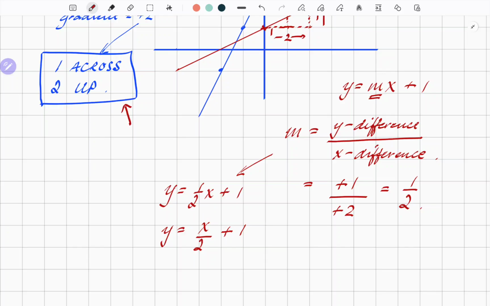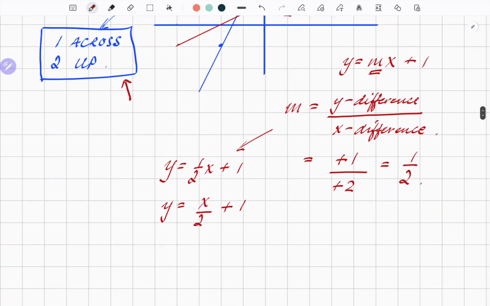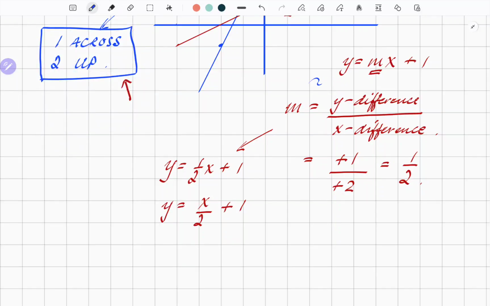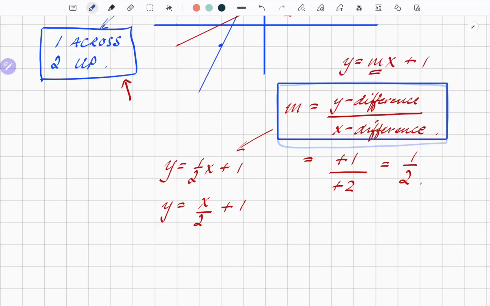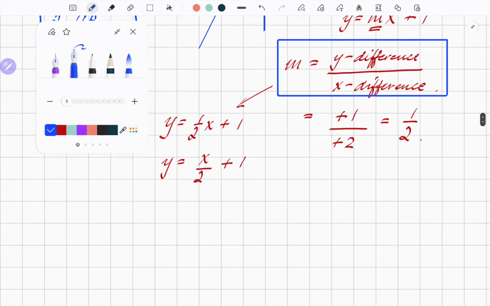So the first rule is that the gradient on any line between 2 points is given by that thing there, which I think you already know.